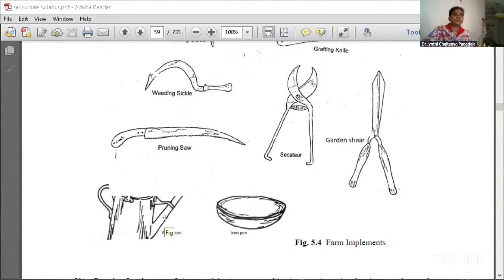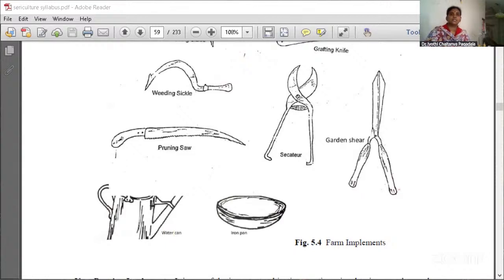It is used for watering nursery beds, seed beds, and potted plants, to avoid soil erosion and damage to the young seedlings. And watering pot, iron pan, plug, wheelbarrow.